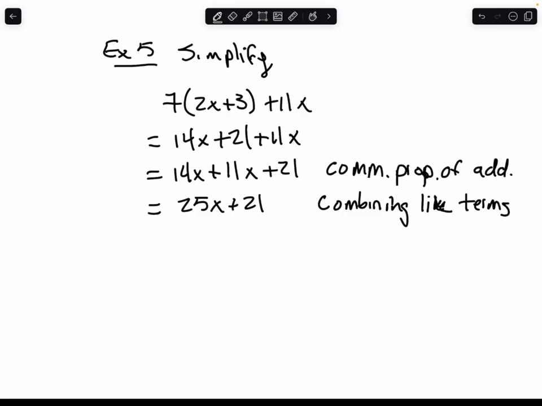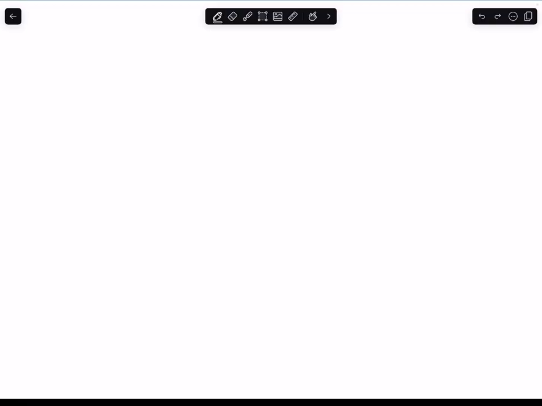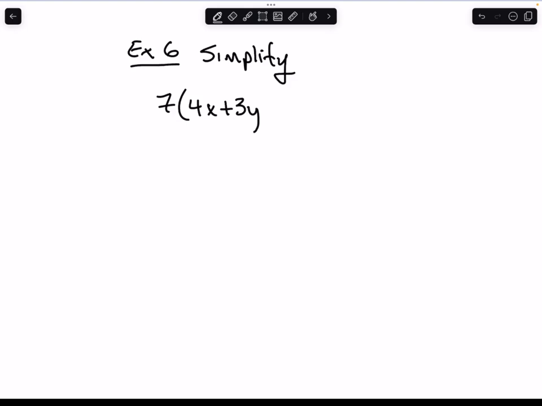Let's do one more example. Example number 6. We want to simplify yet again. This time we have 7 times the quantity 4x plus 3y plus 2 times the quantity 5x plus y. In this case, again, we want to use the distributive property first.